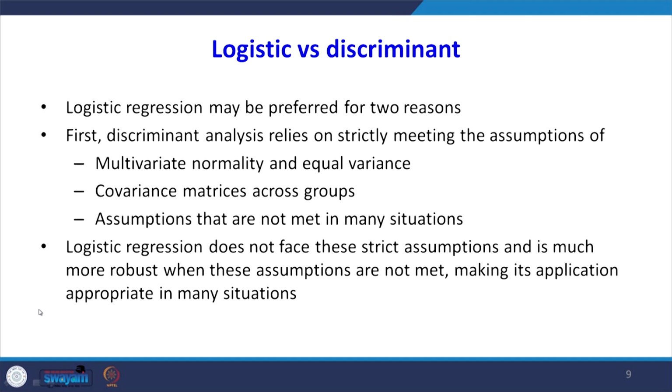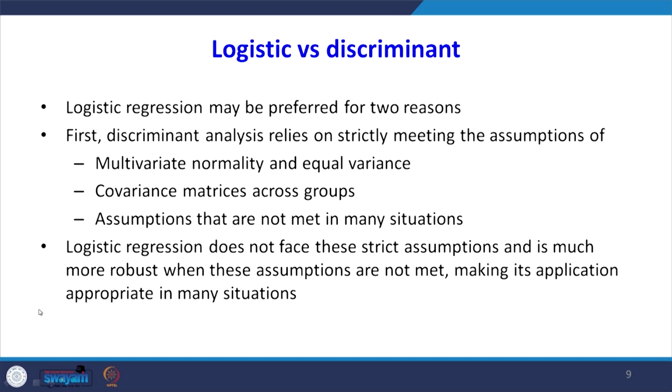See that logistic regression may be preferred for two reasons. First, discriminant analysis relies on strictly meeting the assumption of multivariate normality and equal variance. That is the first assumption for discriminant analysis. That means the data has to follow normality and it has to have equal variance. And equal covariance matrices across groups are necessary when you go for discriminant analysis.